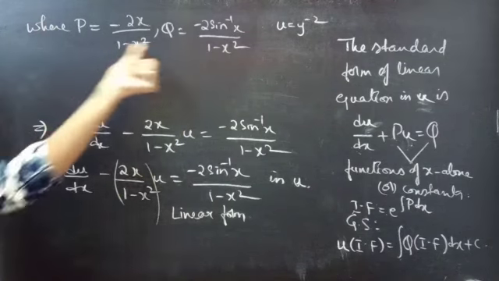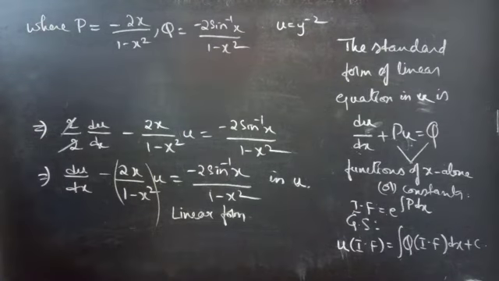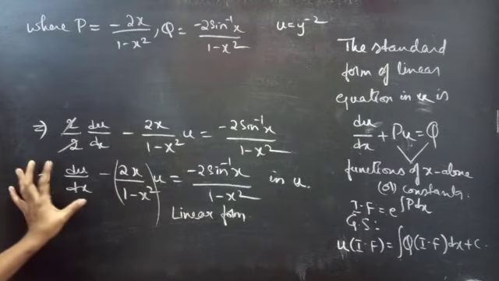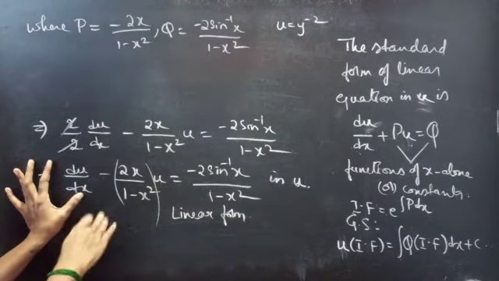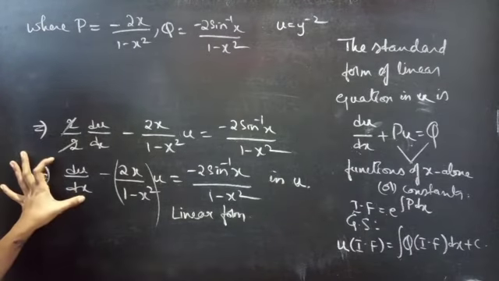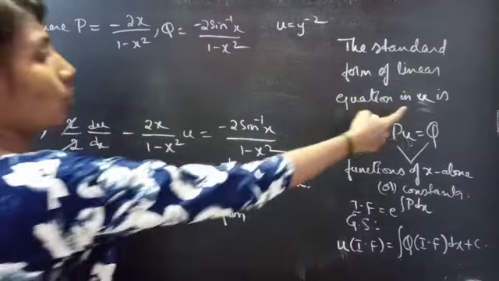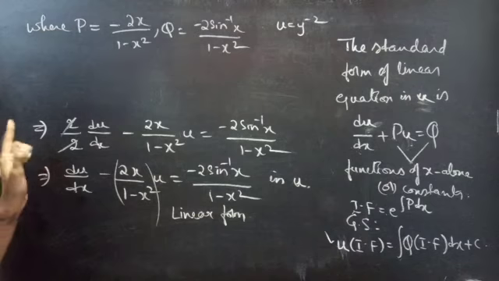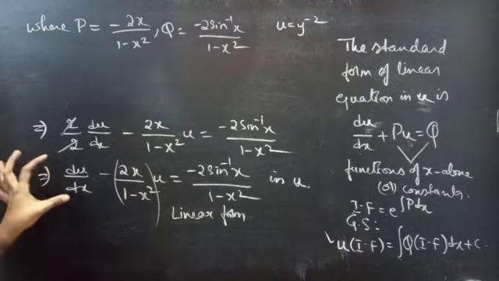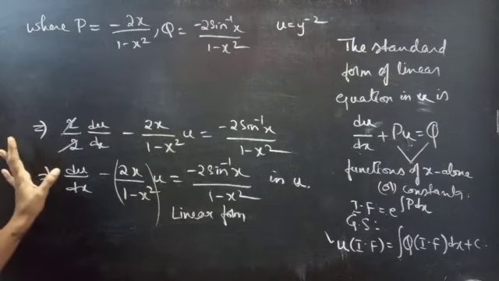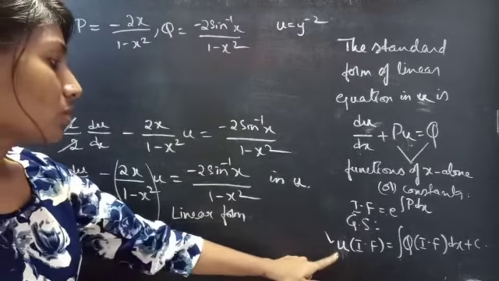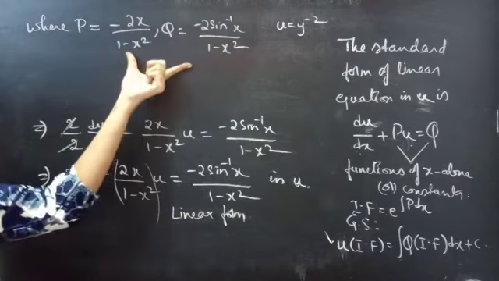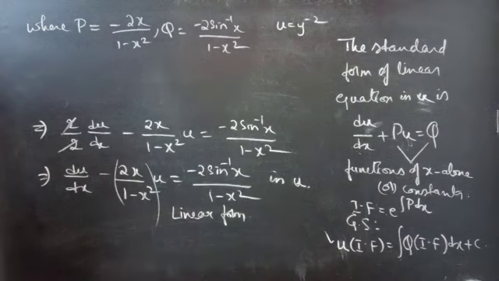So we call P and Q functions of x alone. Now we need to find the general solution to the given equation. The general solution obtained for this reduced equation, linear in u, is the general solution to the given equation. So now we'll find the general solution using this formula with P, Q and u.